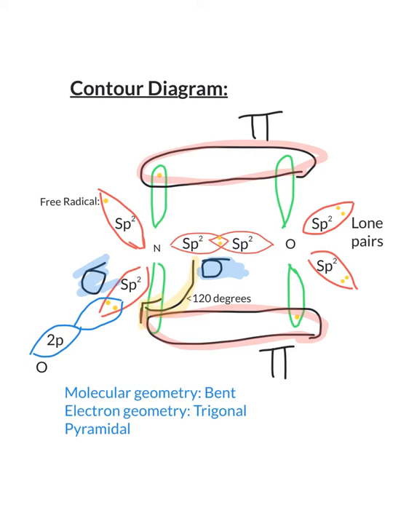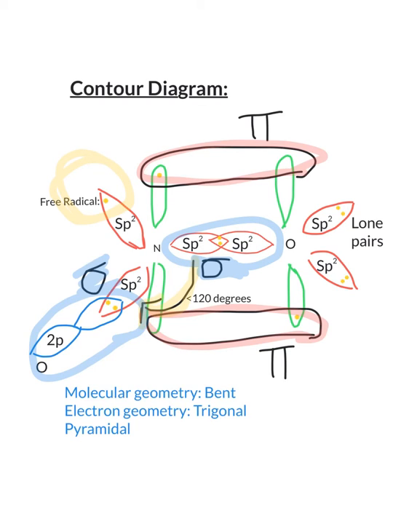And that just symbolizes the nitrogen bonding with the oxygen. Right here we see the nitrogen bonding with the oxygen, and right here we see the nitrogen bonding with the other oxygen. And then here is where our free radical is. So that is where our lone electron ends up.